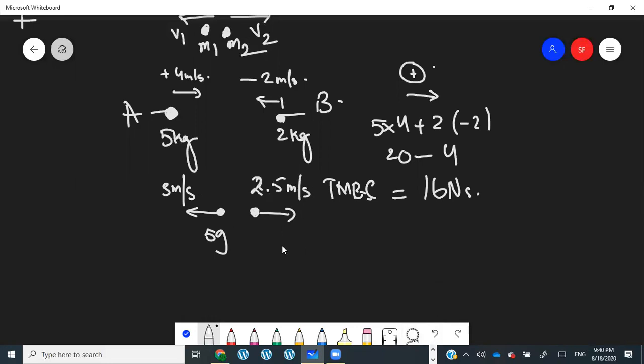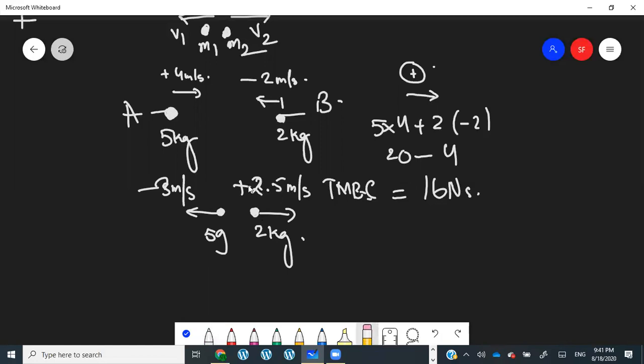Now 2.5 is going to be positive, 3 is going to be negative. And then calculate the total momentum after collision. These are the values that I just made up myself.